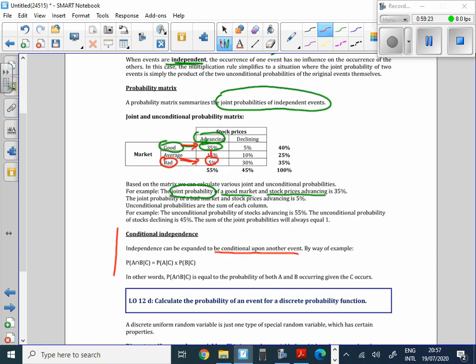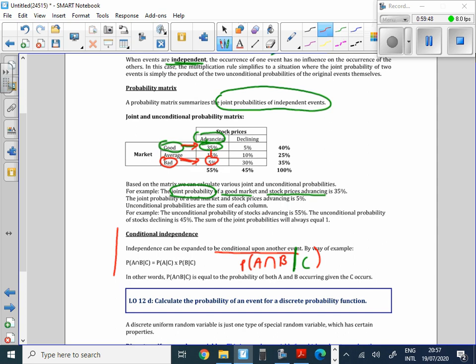We look over here. What's the probability of, and remember this, A and B occurring, and now I put over here an interesting one: given that C occurs. So in other words, there's a link now.